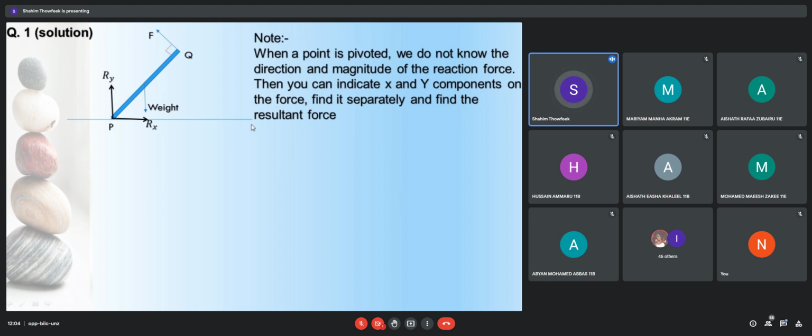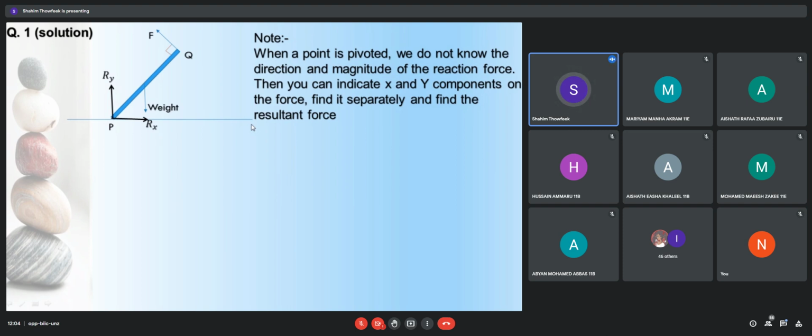If I choose point Q, can I find the force F? No, because if I take moments about point Q, the force F is also at that point, so there's no moment about point Q from the force F. So point Q is not an option.